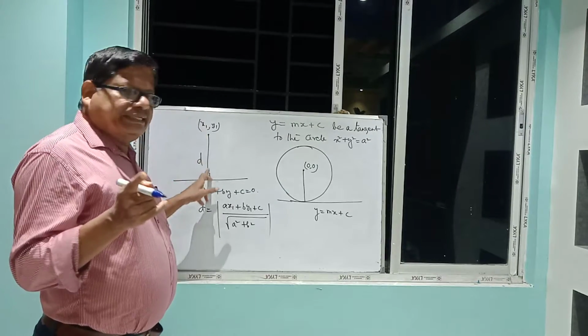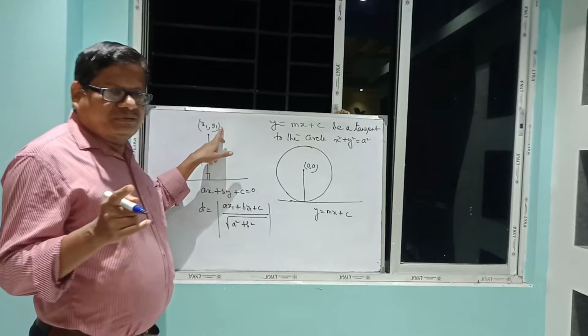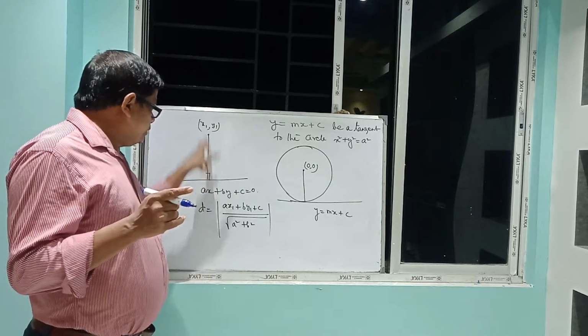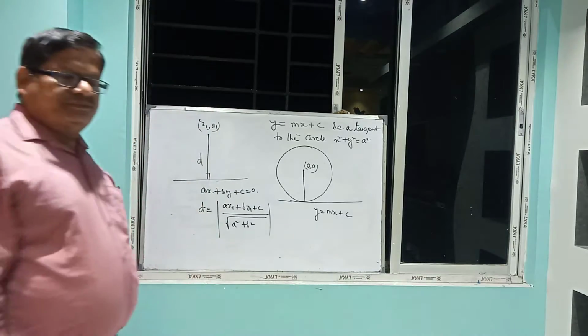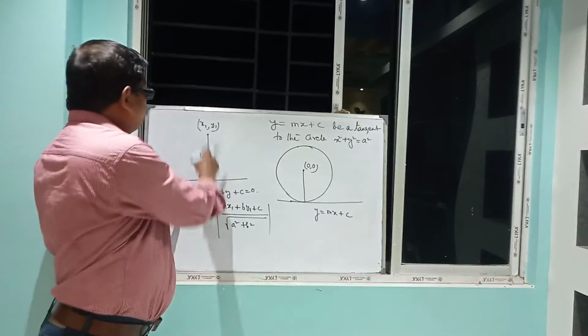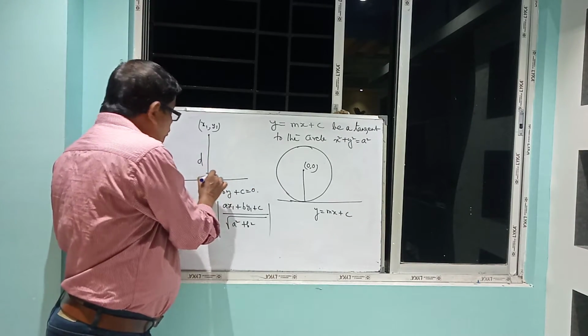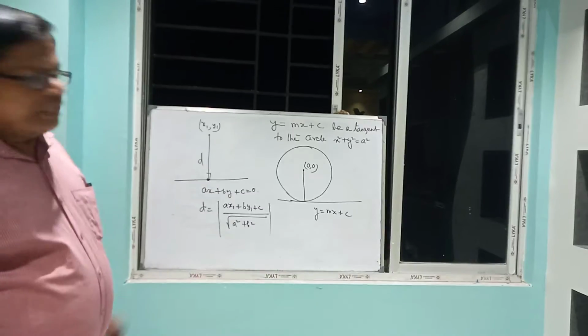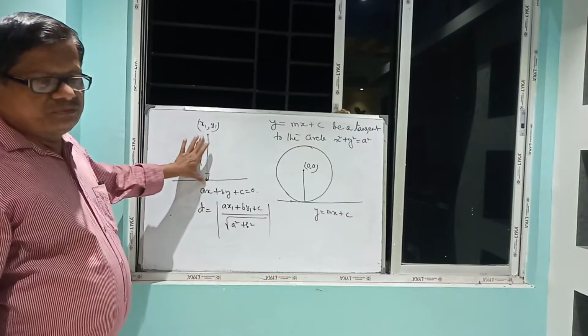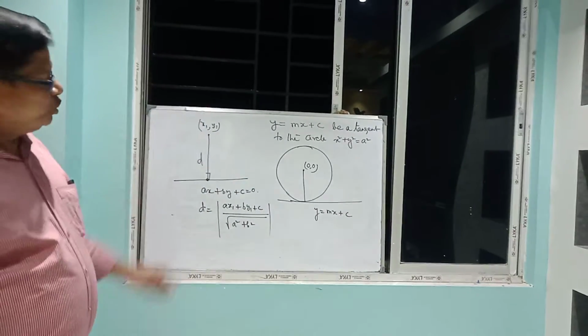Then you get the gradient passing through the point x1 y1, and you get the straight line. Again you solve this, you get the point of contact, and find the distance. Same result. So the first is better.